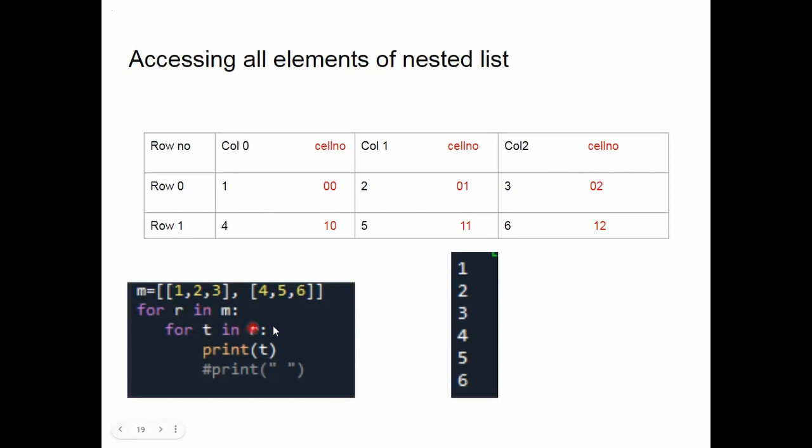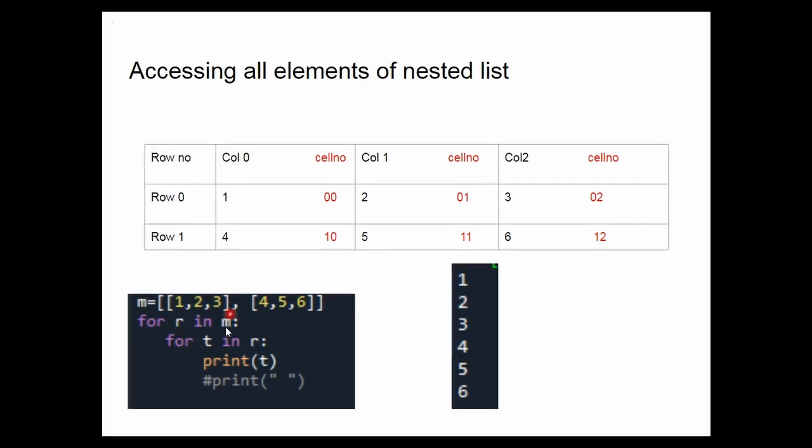So how many columns are there in the list? That will be taken directly from M. Your M is a 2 by 3 matrix, 2 rows and 3 columns. So the row values will be stored in R and the column values will be stored in T. So we are going to write the first for loop for accessing the rows and the next for loop for accessing the columns.